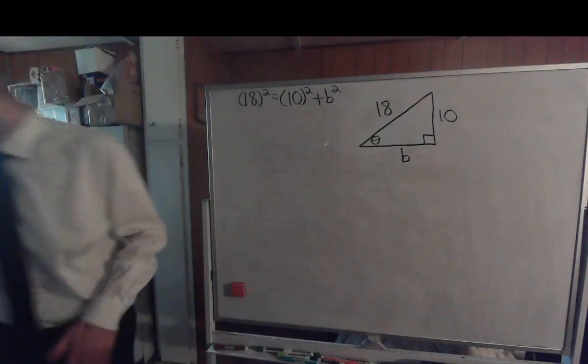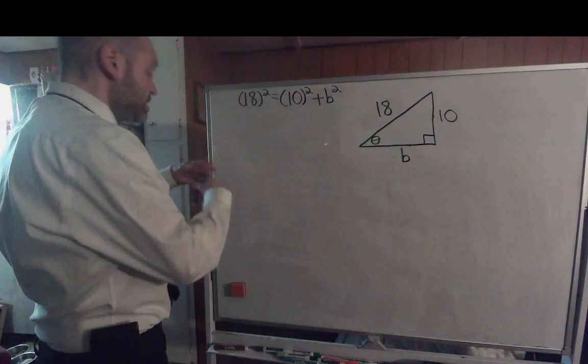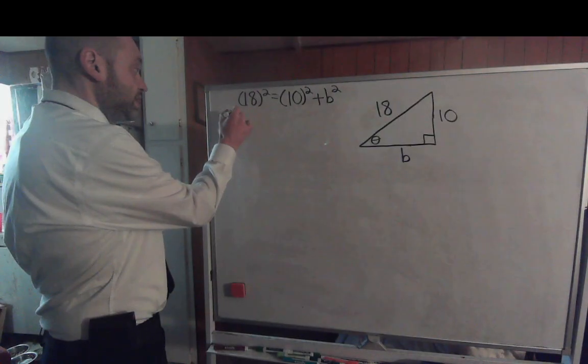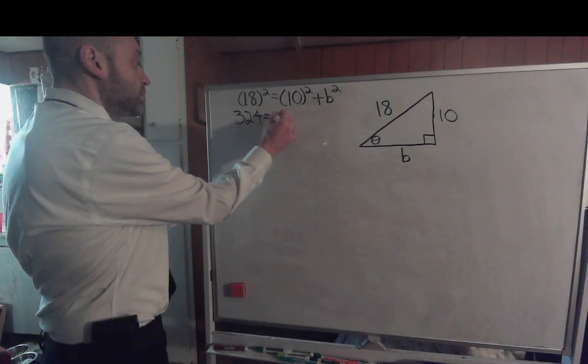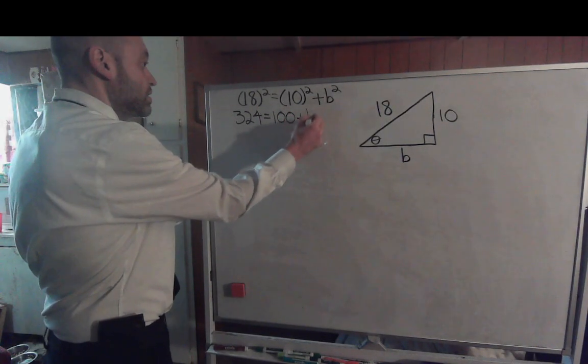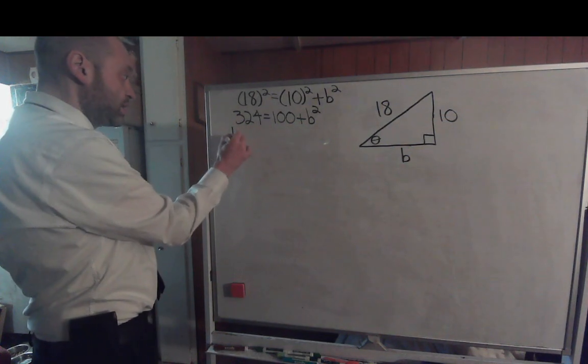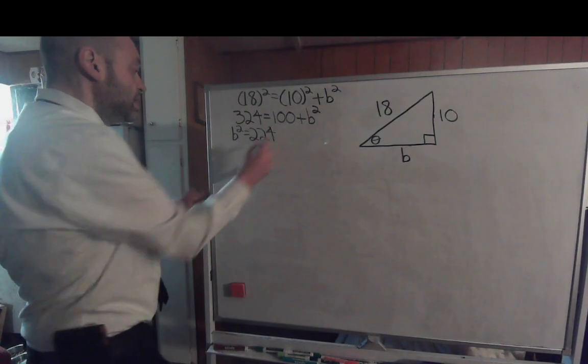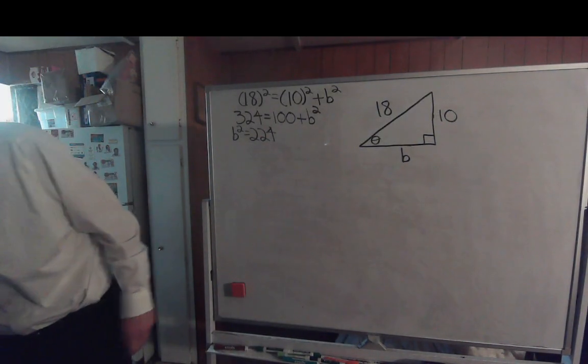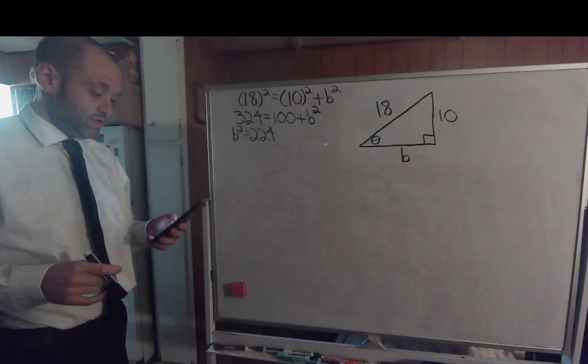I was right, it's 324. So that means 324 would equal 100 plus B squared. So B squared equals 224. Let's see what 224 could potentially break down into.